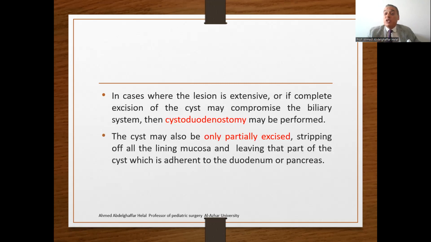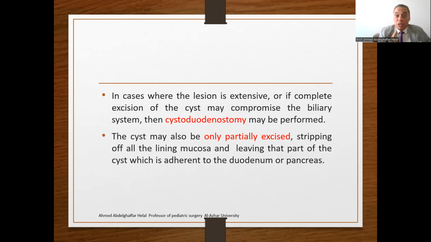In case the lesion is extensive or if complete excision may compromise the biliary system, a cystoduodenostomy may be performed. The cyst may also be partially excised, stripping all the mucosa and leaving that part of the cyst which is adherent to the duodenum or pancreas.